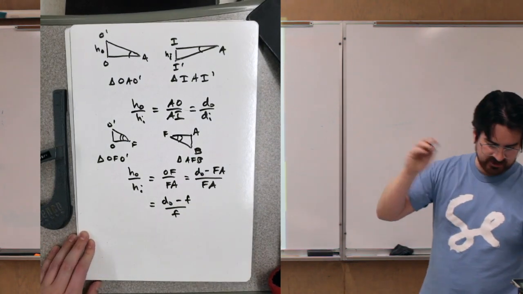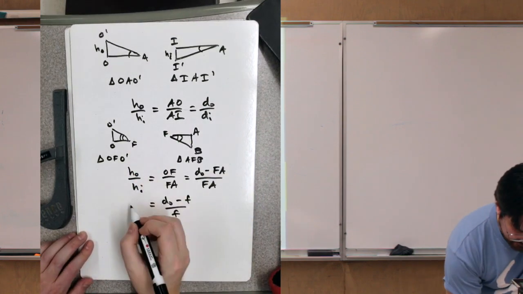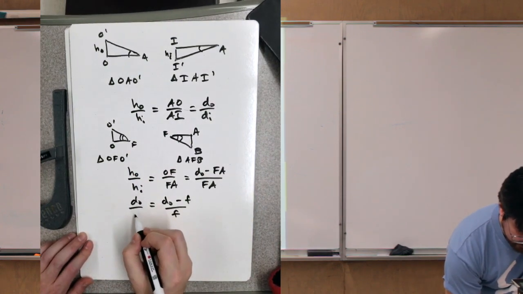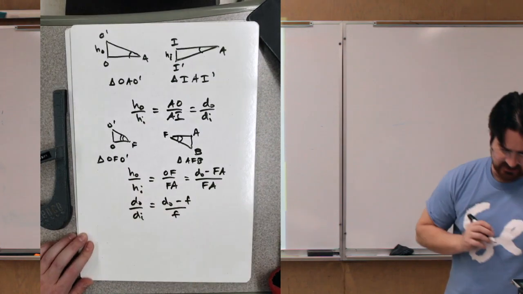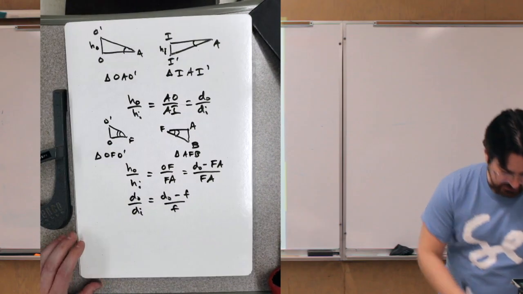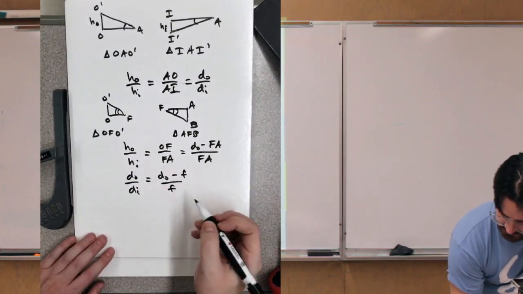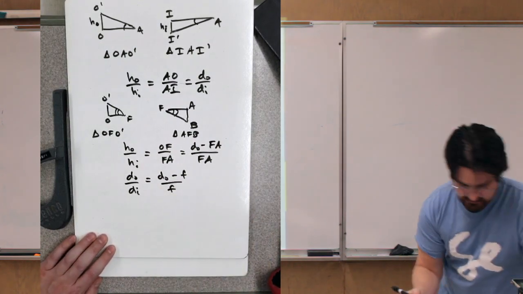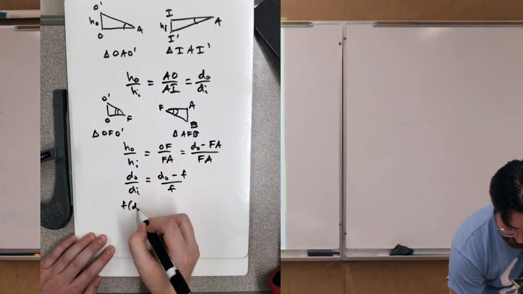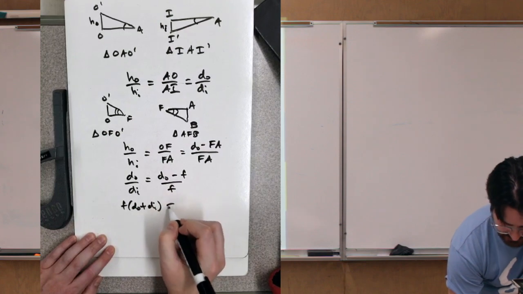And given our first relationship that we have up here, we can now get rid of the heights altogether, and we get this relationship. And then just a bit of algebra. I'll write it down quickly.